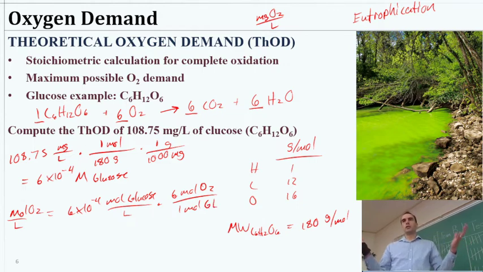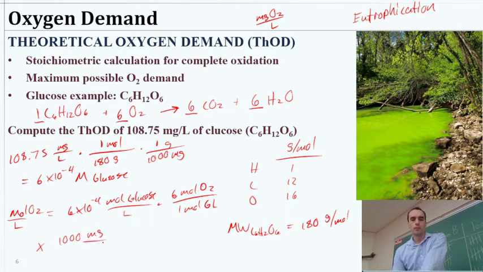That's coming from our stoichiometric equation, of course, and that will give us a new answer. I'm also going to go ahead and multiply that by 1,000 milligrams per gram. And sorry, need 2 more things. We need to multiply it by our molecular weight of oxygen, which would be 32, which I also didn't put in correctly, I think. So 32 grams of oxygen per mole of oxygen, and then multiply by 1,000 milligrams per gram.